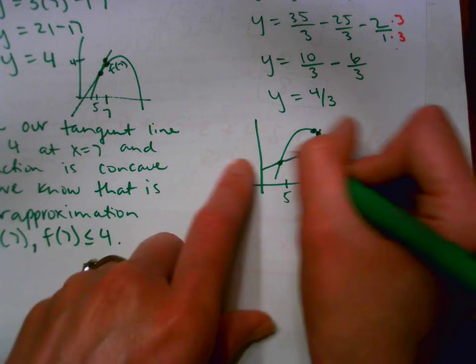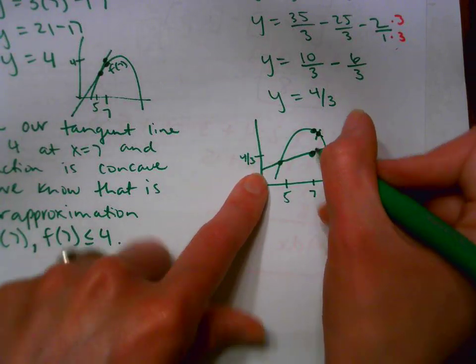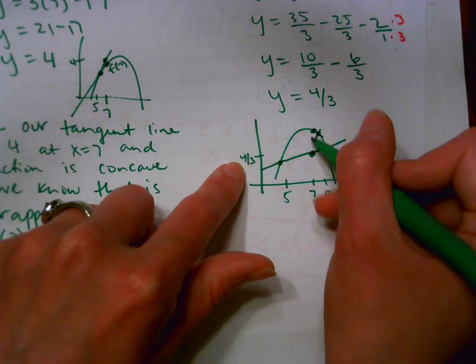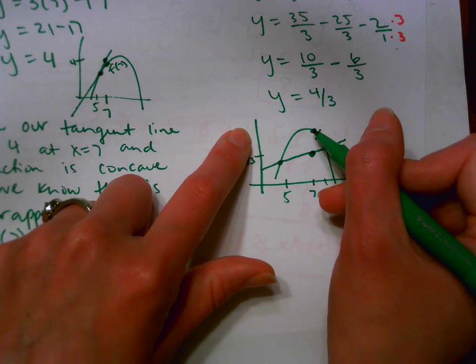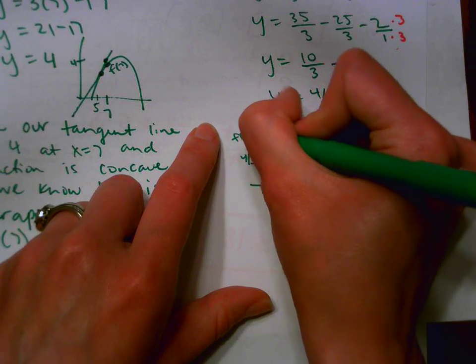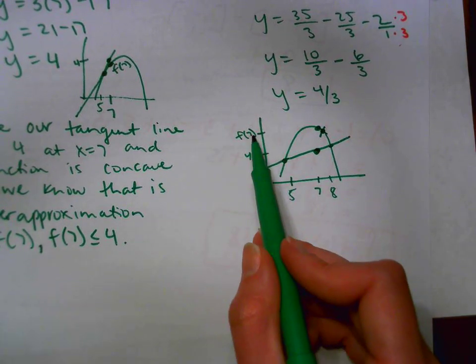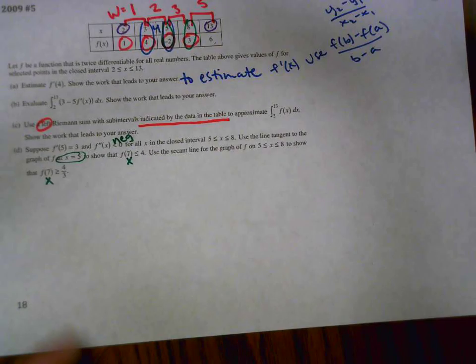So this is a y value of 4/3 where 7 hit the tangent line, and we can see that that is under whatever the actual value, this y value is f of 7 on your actual function. So we can see that f of 7 should be greater than 4/3, which is what that said, because your function is concave down.